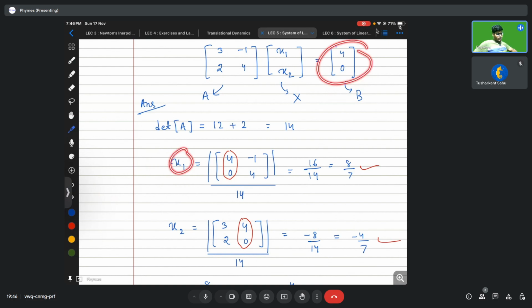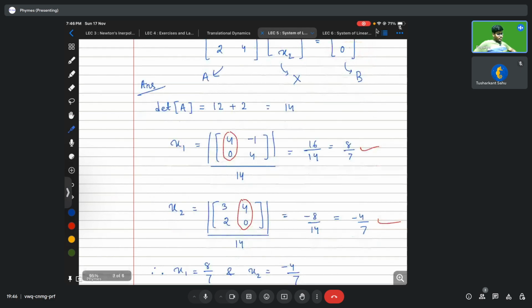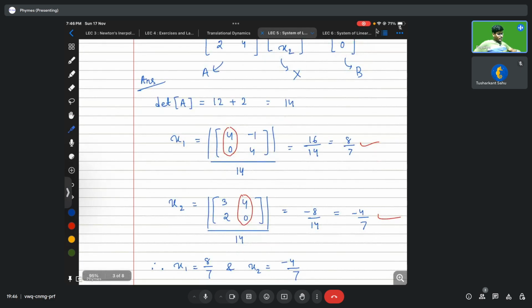If you replace and take the determinant, this will be 16 by 14, and the x1 value will be 8 by 7.